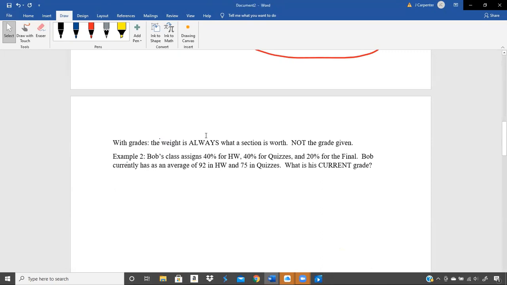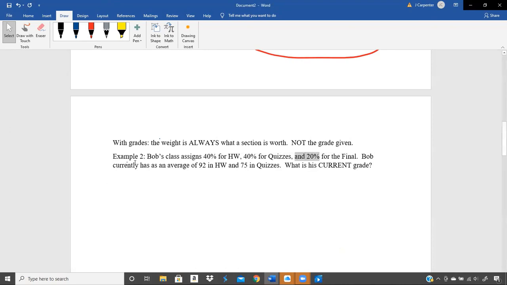Your grade isn't what is really going to have that cause and effect issue here. It's the weight. Yes, your grade still has an effect. The higher the grade you make, the better grade you earn. But it's the weights, being how much they're actually worth, that makes more sense.